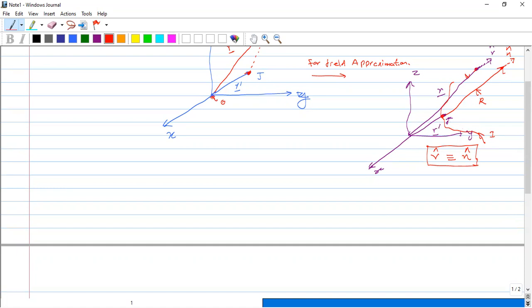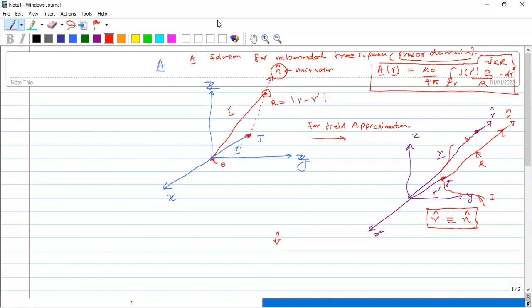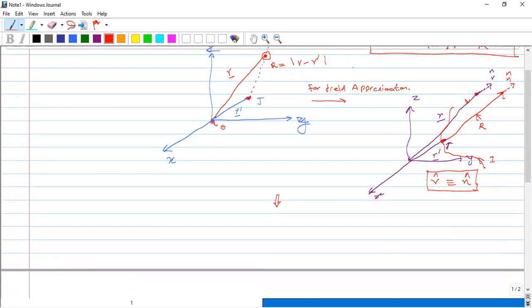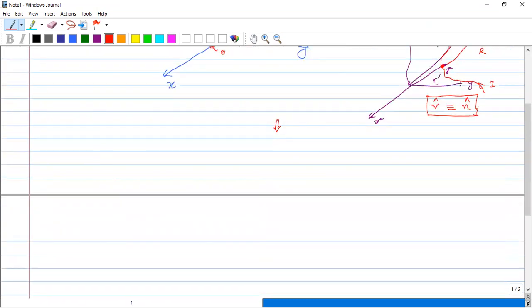We consider a point of this conductor, and we have adopted our solution for unbounded free space, at far field, due to line current.